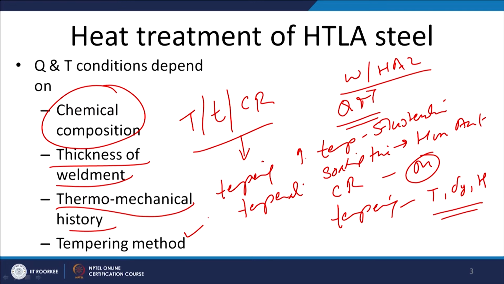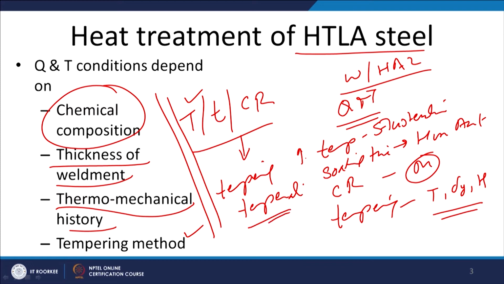So, these are the quenching and tempering conditions to be used for restoring the properties of the HTLA steel weld joints. These are the factors which need to be considered while identifying the values of time, temperature, cooling rates, followed by the tempering temperatures.